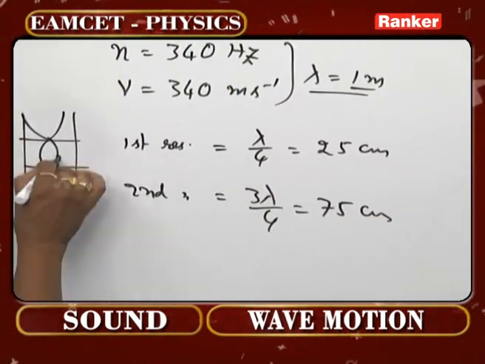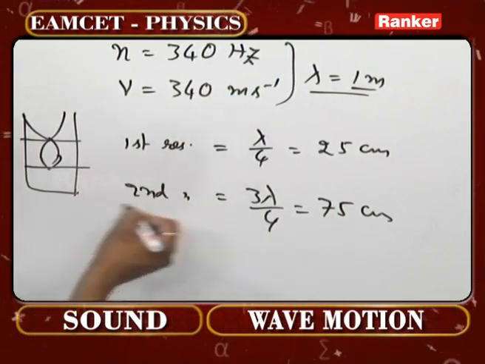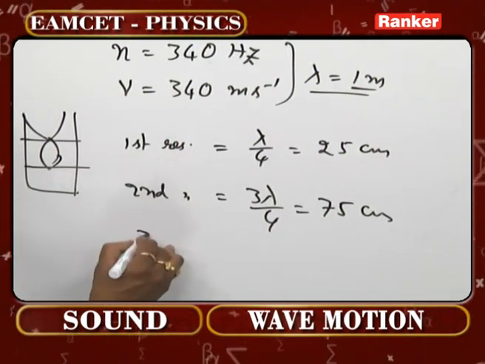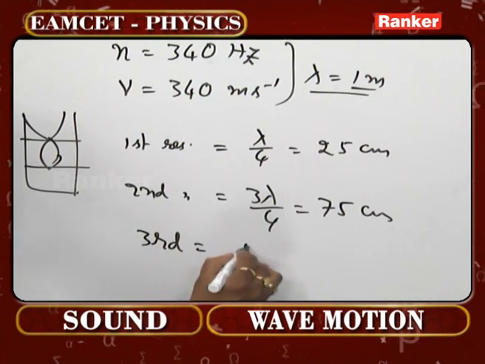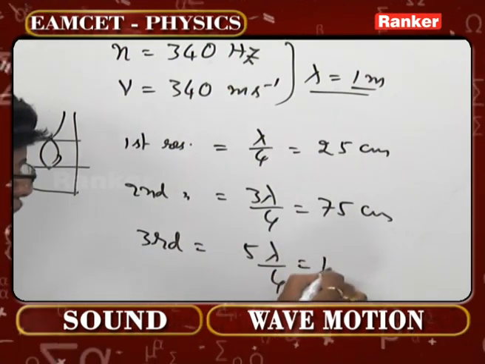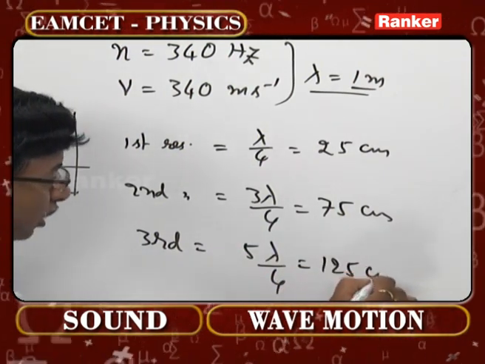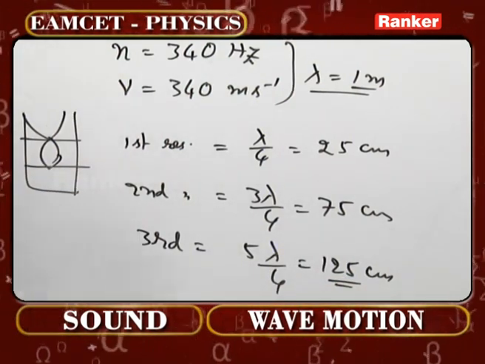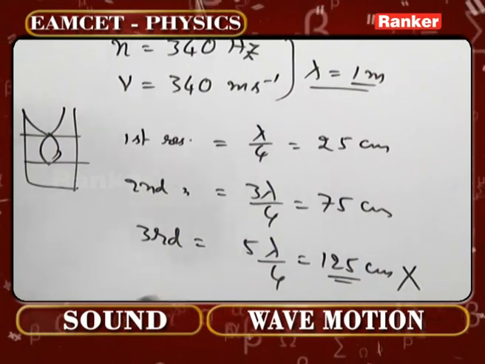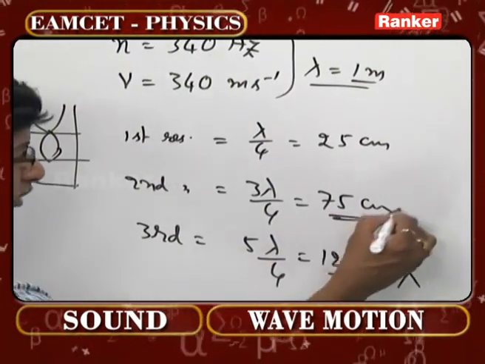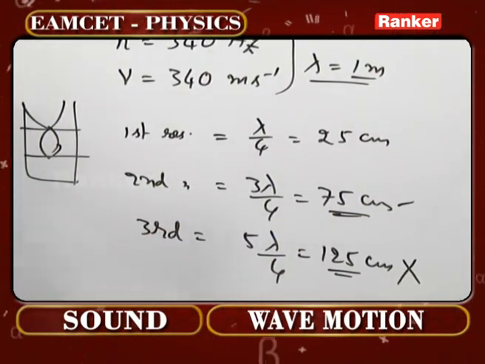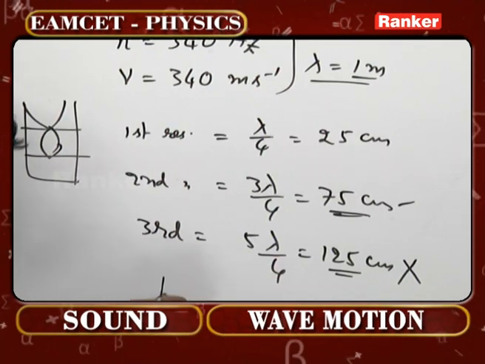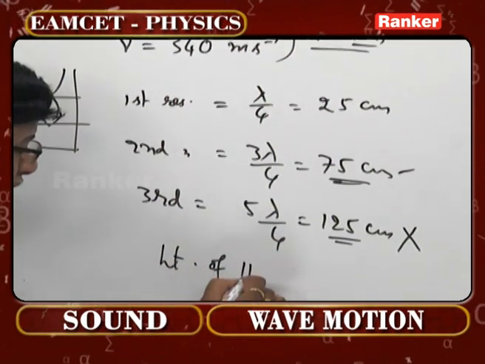That means you should understand that it is also not going to be the case because it is not the minimum. So the third resonance, if I take 5 times lambda by 4, is 125 centimeter. The actual length of the tube is given as 120 centimeter only. So 125 is not possible. So what is the minimum possible thing over there? 75 centimeter. Therefore, what would be the height of water is the question.